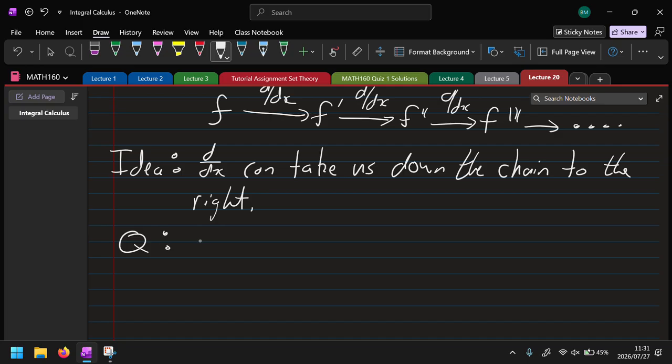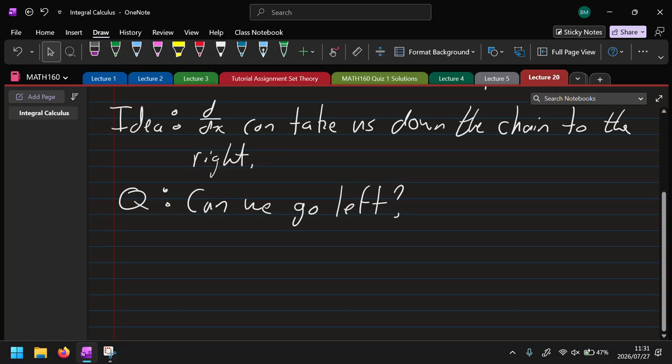So the question: can we go left? Is there a way to undo the derivative action and go backwards? So f to f prime, that is the derivative. Can we go backwards from f prime to f, undoing the derivative, or in other words, doing the antiderivative? It's the opposite. So the answer: yes, with a little star.